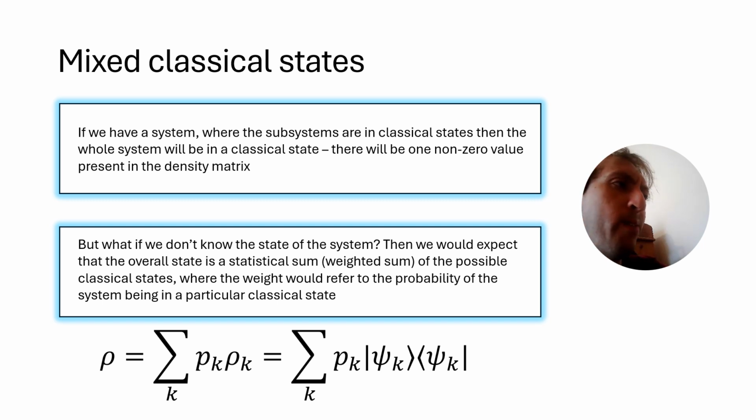I am being a bit vague there, but I don't want to get too heavily into the mathematics. But this is how we would find the density matrix of a mixed classical state, and it's really about the idea of highly statistically likely classical states having much more influence over the overall state than very unlikely classical states.